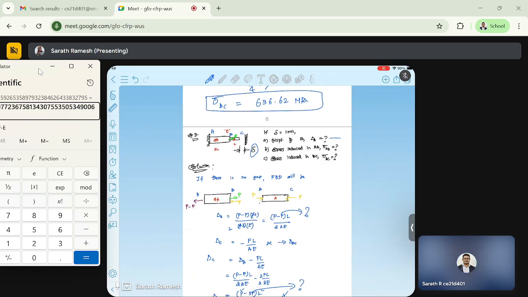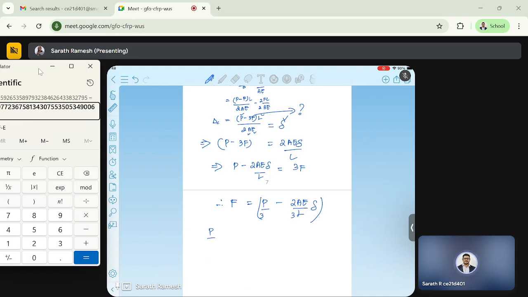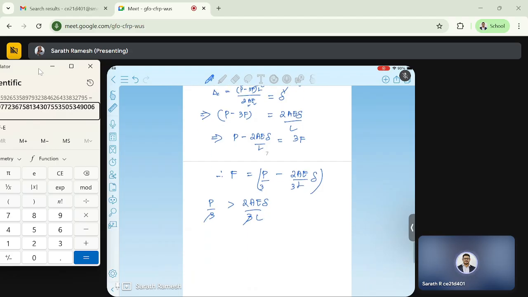So F has to be positive. If F has to be positive, then P by 3 has to be greater than 2AE delta by 3L. The 3 gets cancelled, so P has to be greater than 2AE delta by L, which means delta has to be lesser than PL by 2AE.